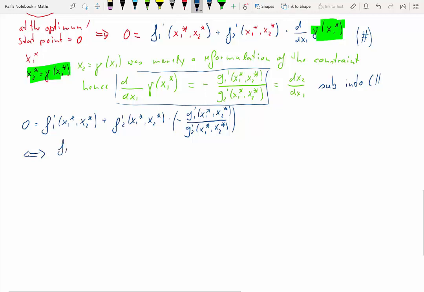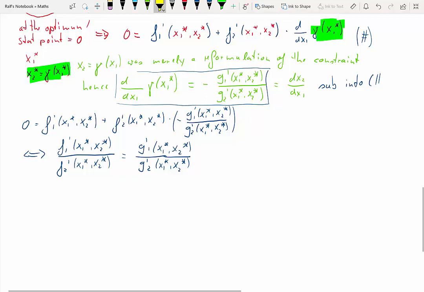All we got to do now is solve for a left hand side which reads as f prime 1 over f prime 2, and if we do so we get on the right hand side g prime 1 over g prime 2, all evaluated at the constraint maximum.